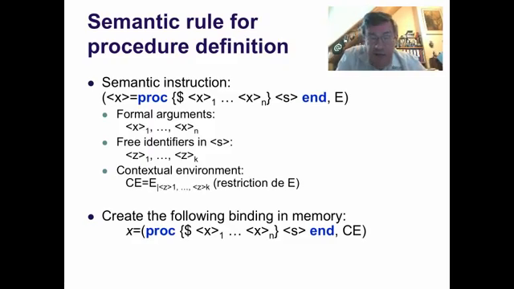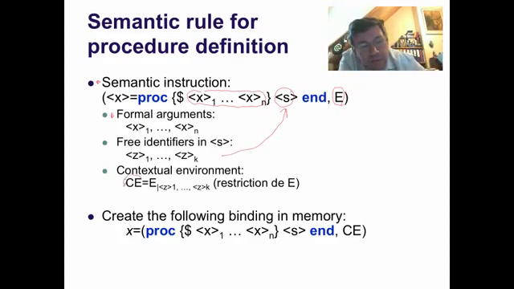So now let's go to the semantic rules. I'll give first the semantic rule of the procedure definition. Here, first we have the semantic instruction, which is the instruction with its environment E. The formal arguments of the instruction are these arguments. The free identifiers in S, assume they're Z1 to ZK.